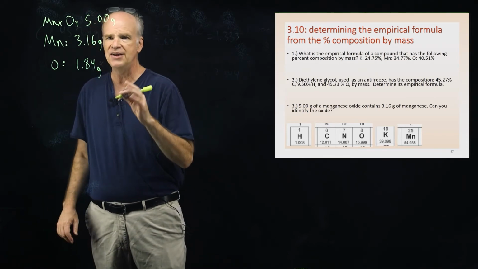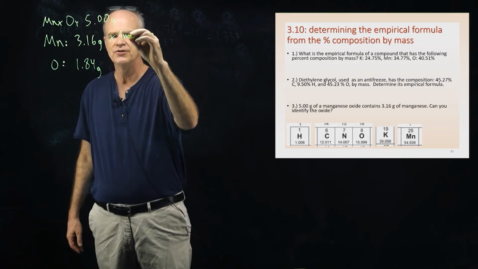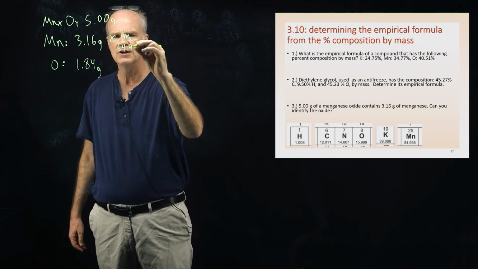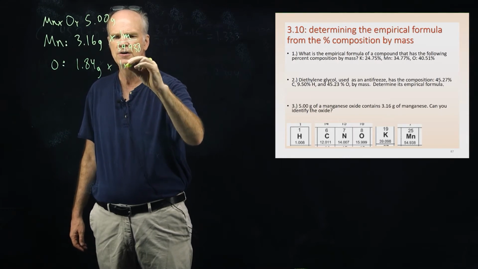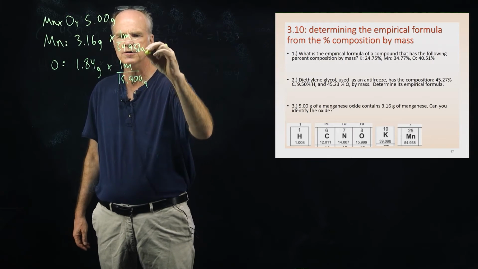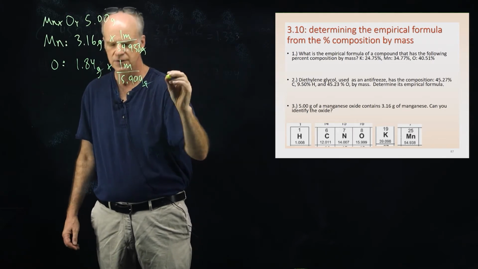So we have a mass of manganese. We want to get this into moles. Divide by the molar mass again, which is 54.938. Oxygen, okay, let's see what we get.